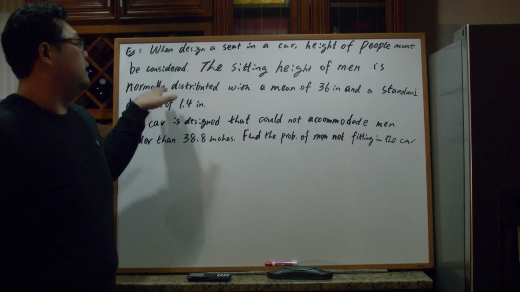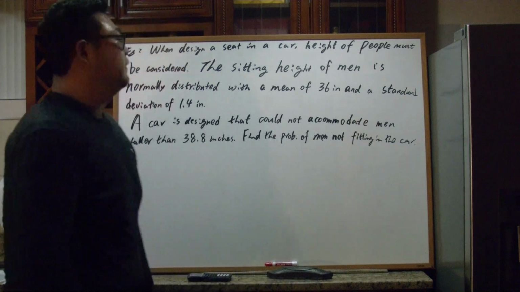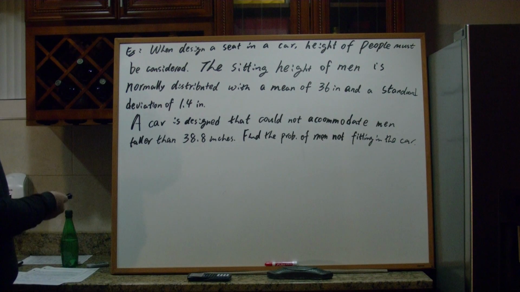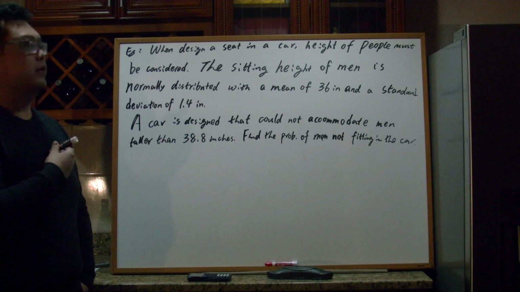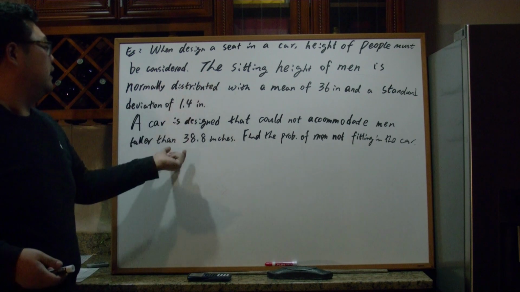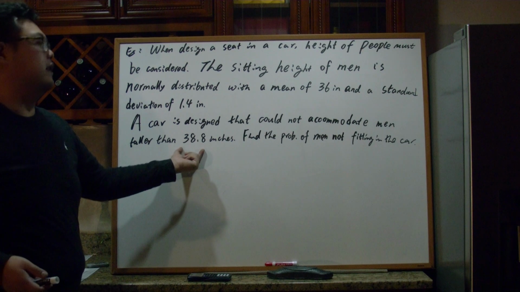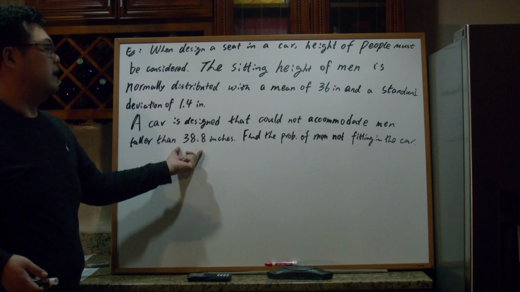The man's height is normally distributed with a mean of 36 inches and a standard deviation of 1.4 inches. A certain car is designed that cannot accommodate a man taller than 38.8 inches, which means if the sitting height is taller than 38.8 inches, he cannot be fitted, or not fitted comfortably, in the car.